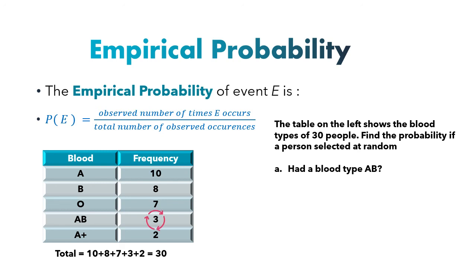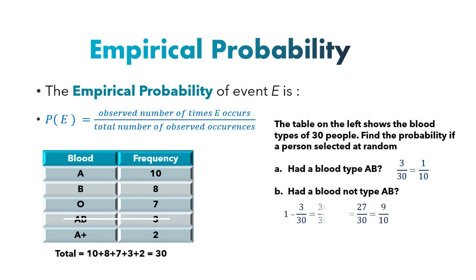That's 3 out of 30, which is 1 over 10. If a person is selected at random, what's the probability that he does not have type AB? I can tackle this two ways. Either I subtract 3 over 30 from 1, or we can add all the blood types except for AB.